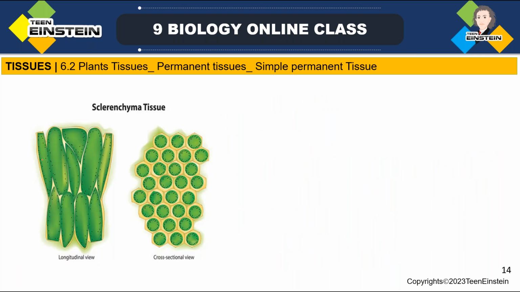Next, the third type of simple permanent tissue, which is sclerenchyma. Here you can see sclerenchyma. This is another type of permanent tissue that makes the plant or plant part hard and stiff. It gives stiffness.